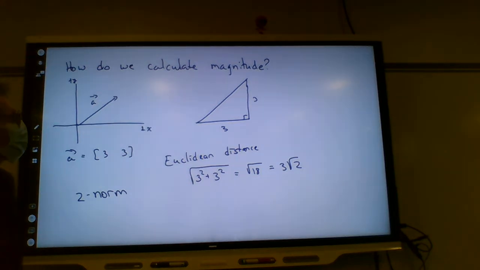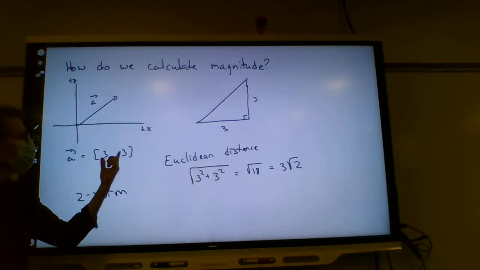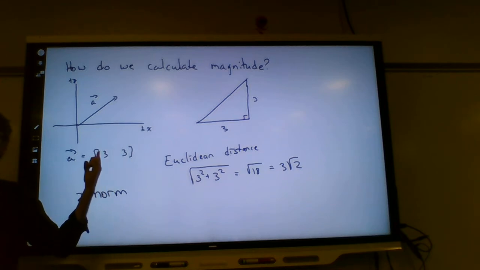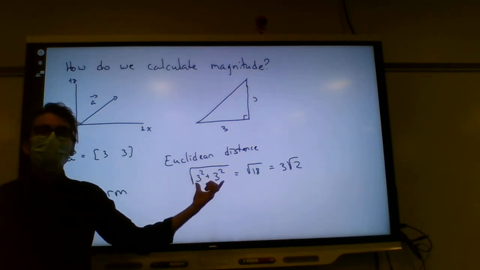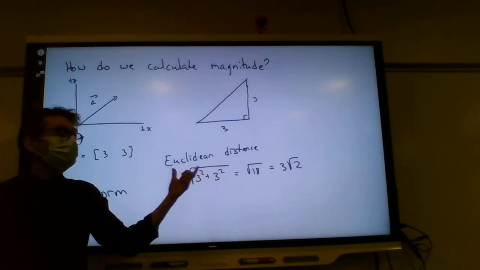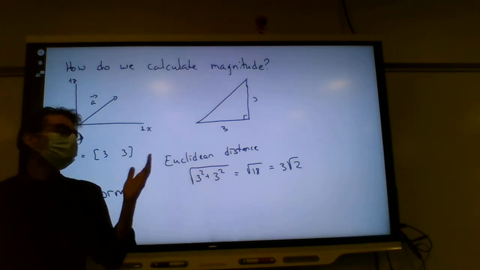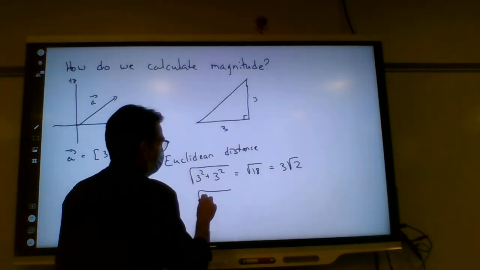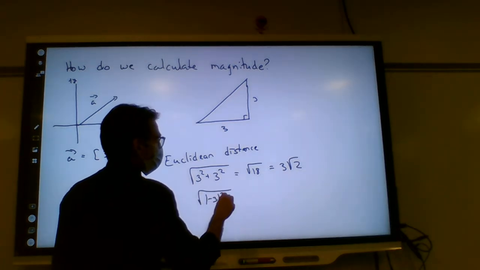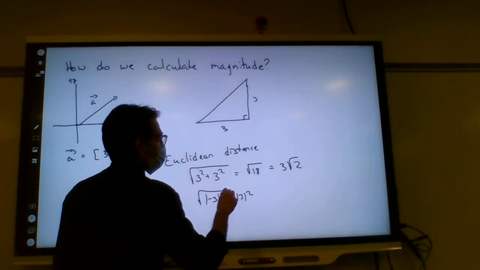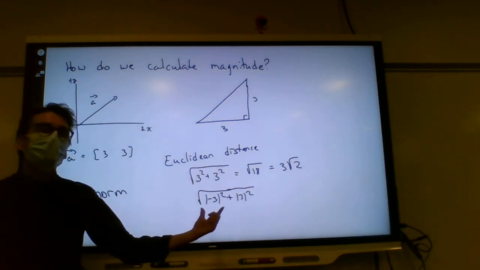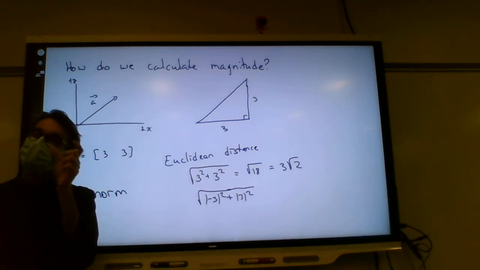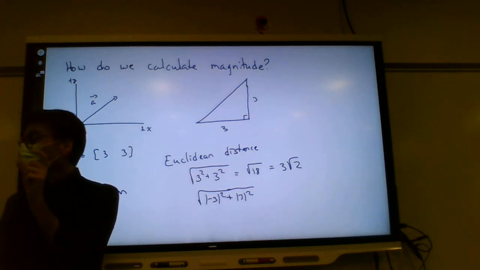All right, and so what if the values had been negative? What would we have changed here? Well, you just put the value in parentheses, right? Actually, you can think of it, if it had been -3, say, on one of these, we could think of absolute values. But when you're squaring, it wouldn't matter. But really, that's what we're thinking. We're thinking about not the direction. We think about just the length of a side.